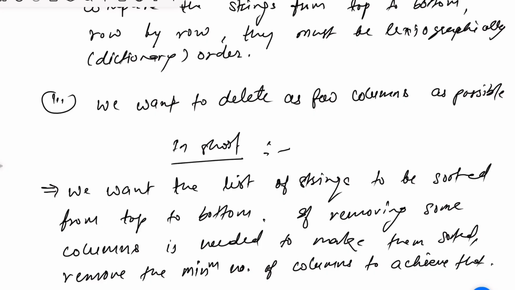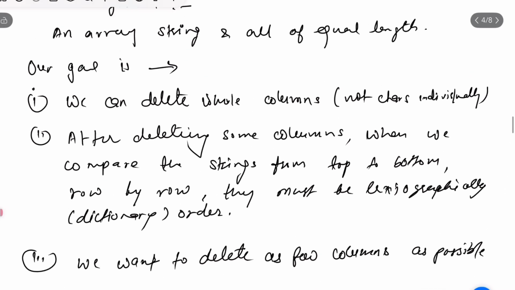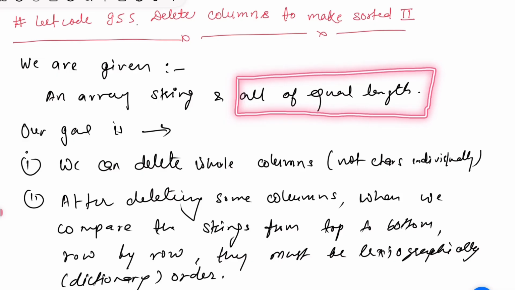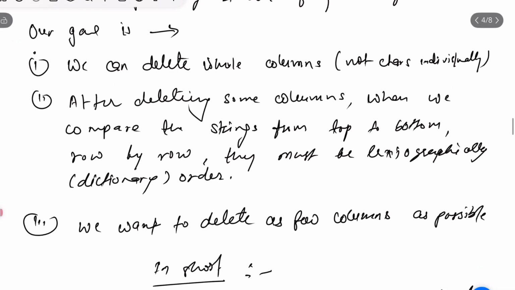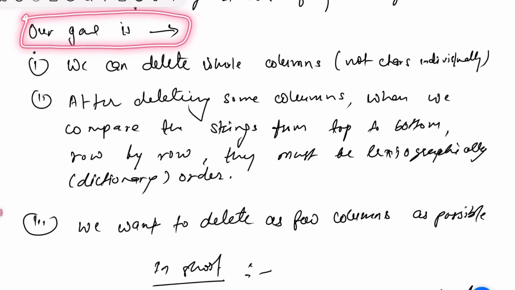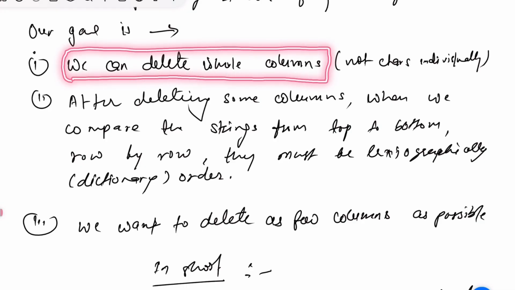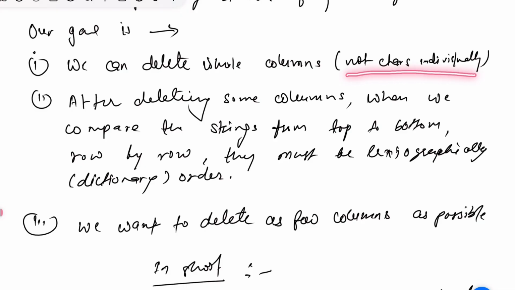So let's understand very first what we are trying to understand here. We have been given an array of strings, all of equal length. What is our goal? We can delete whole columns, not characters individually.